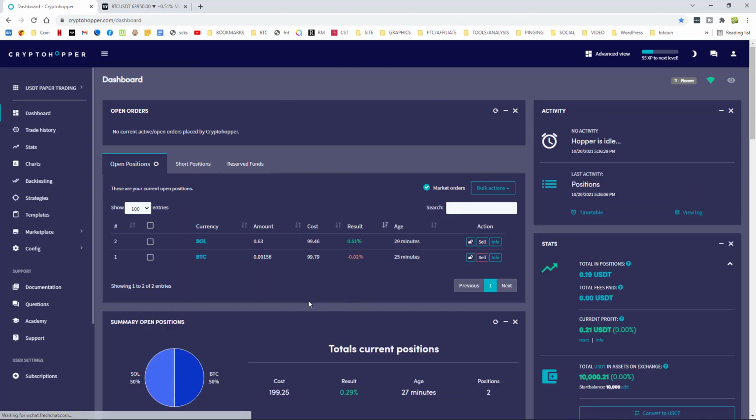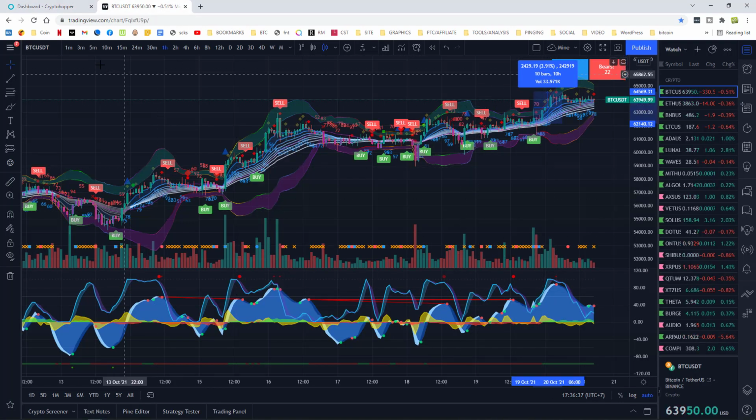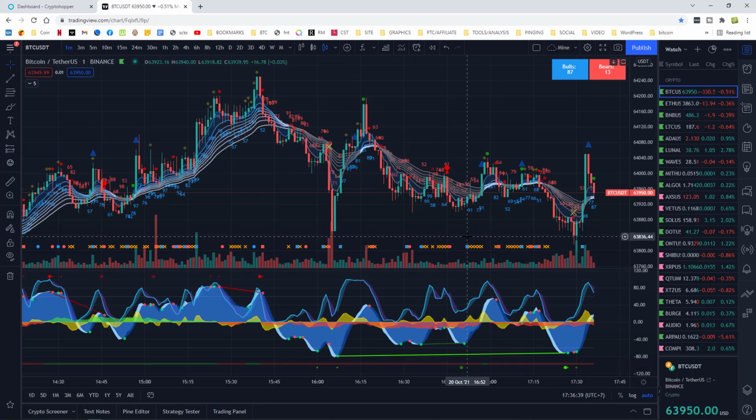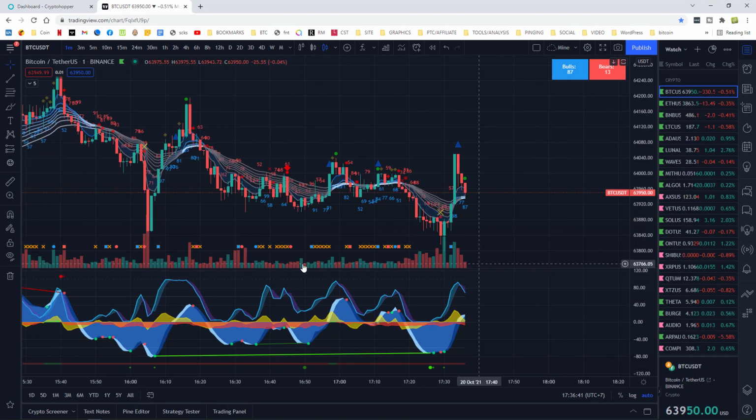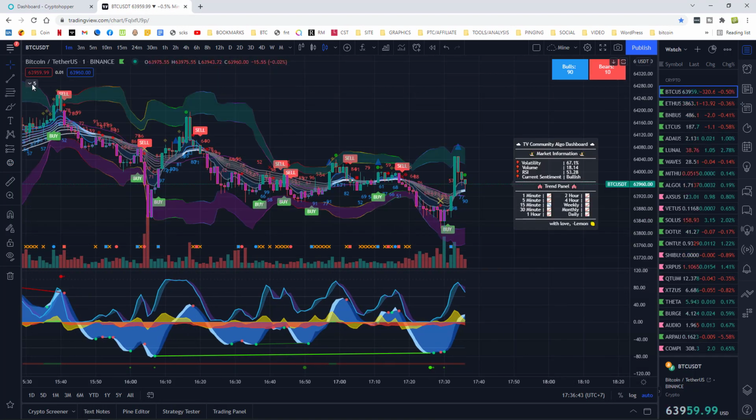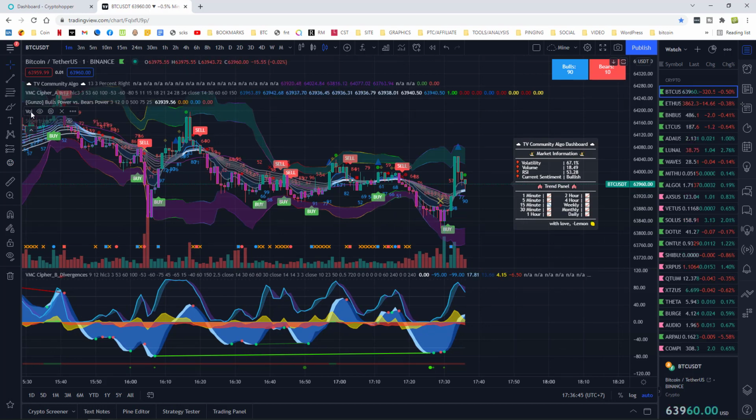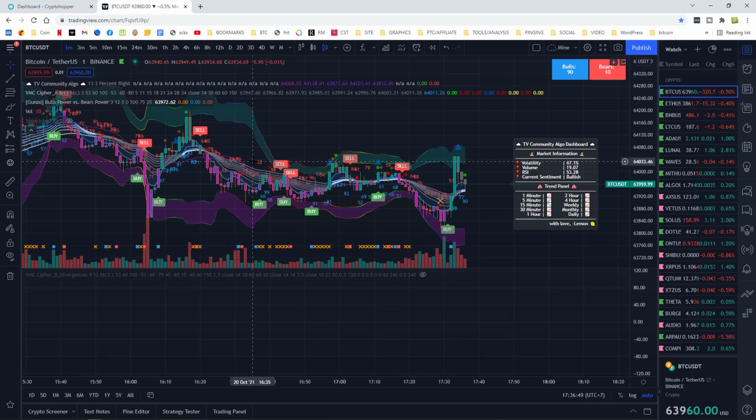So I'm going to set up some new alerts on this trading bot, and I'll be using the small time frames like 1 minute so that we get plenty of signals. Let me just hide what you don't need to see.